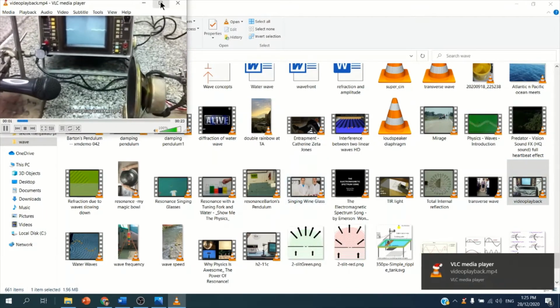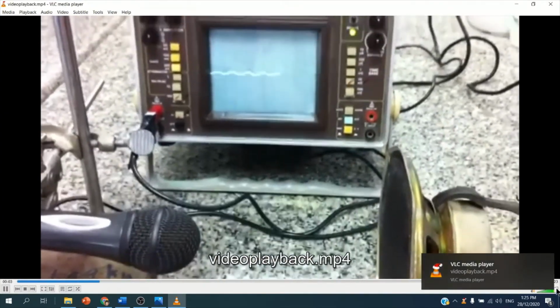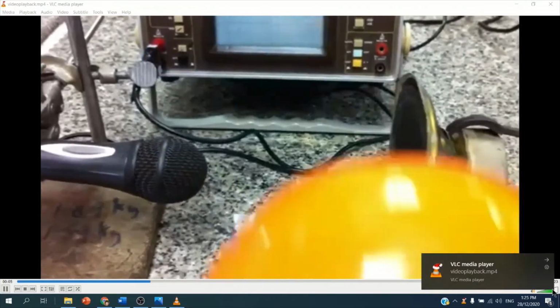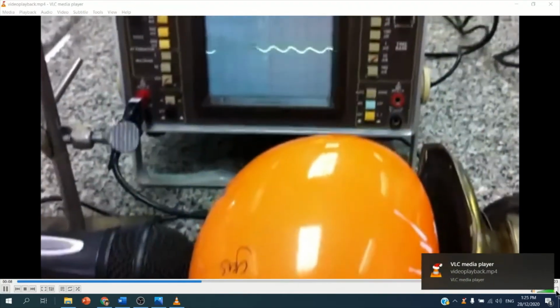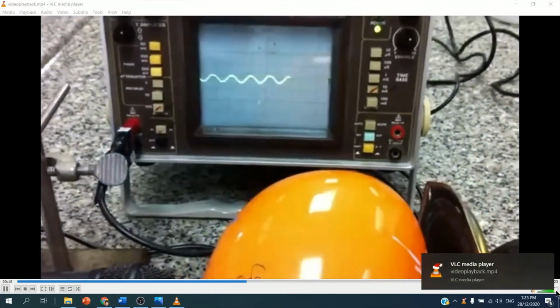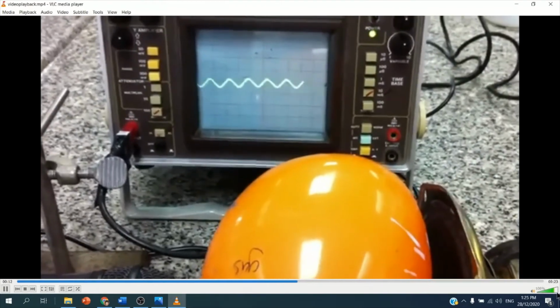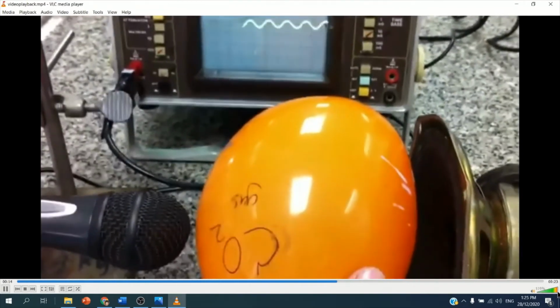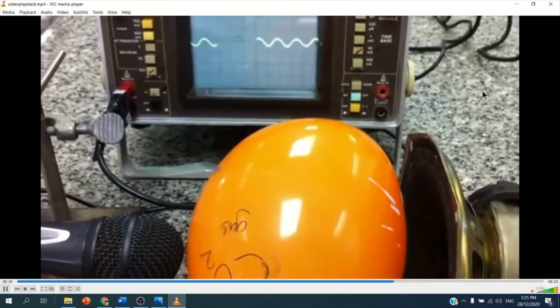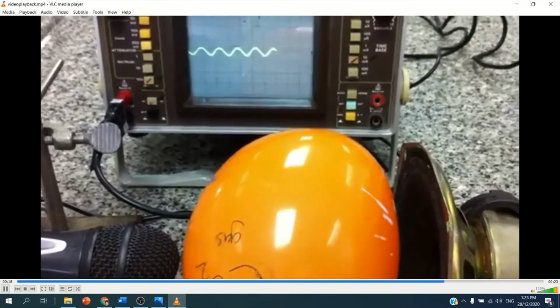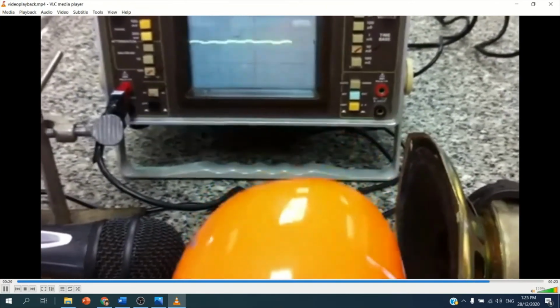For example, here carbon dioxide. This is the volume recording without the balloon, and then with the balloon you can see the volume increases as the carbon dioxide acts as a lens focusing the sound. The sound is refracted.